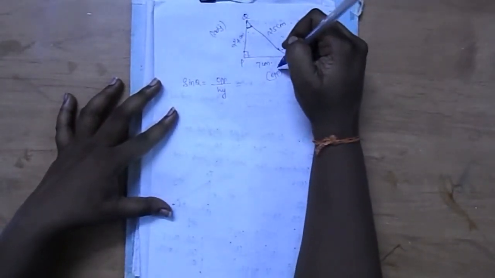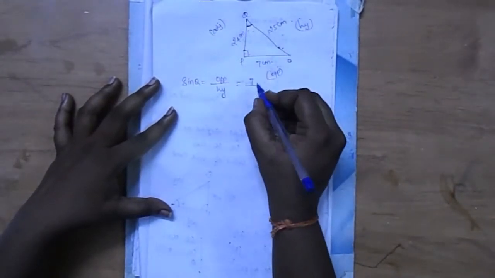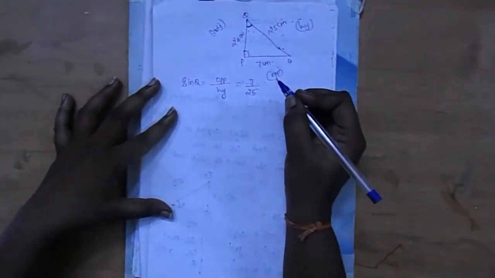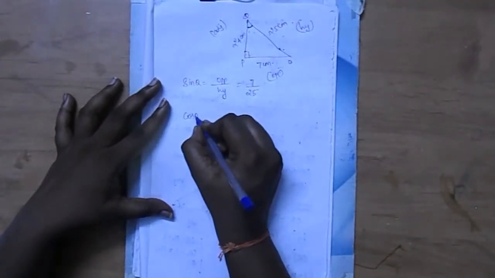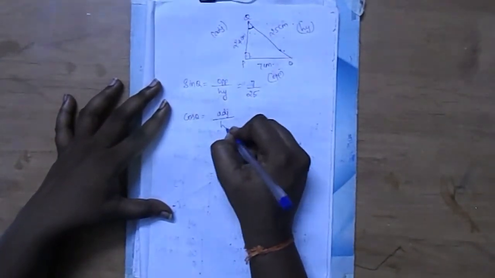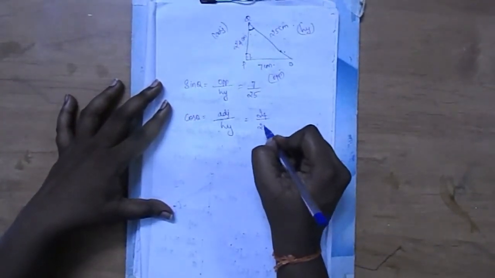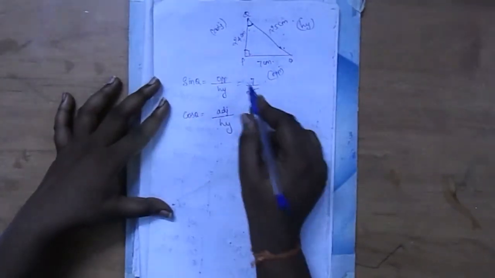Where opposite side is 7, so 7 by hypotenuse value 25. So, the answer is 7 by 25. Next, cos Q. Cos Q equal to adjacent by hypotenuse, where the adjacent value is 24 and hypotenuse value is 25. These are the required answers.